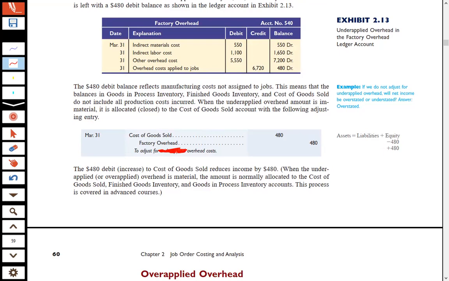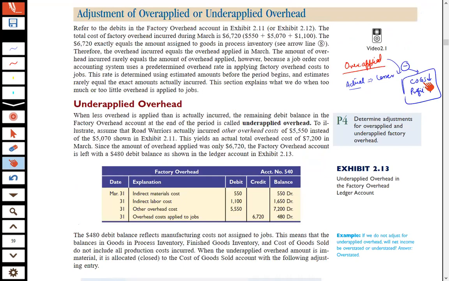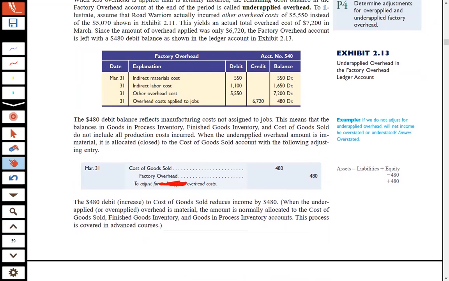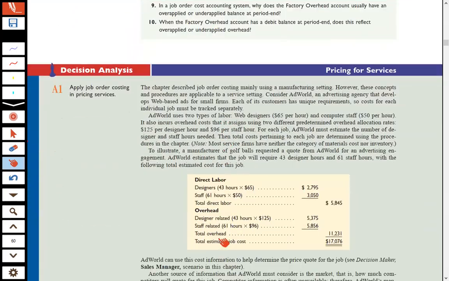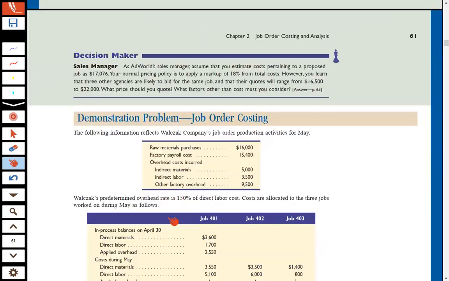If we debit cost, it means cost is increasing, and cost is increasing means we have under applied the overheads. Yes. Clear? Now you can see it, to adjust what? Under applied overheads. Done. Yes.